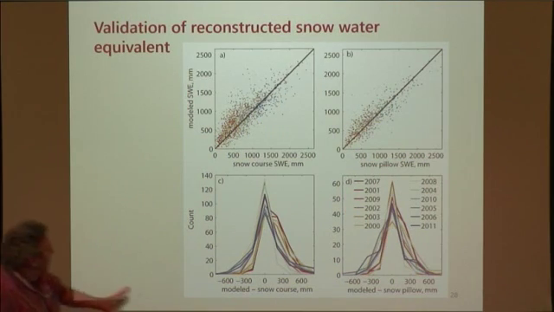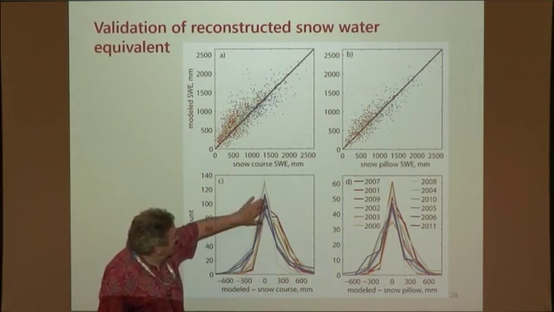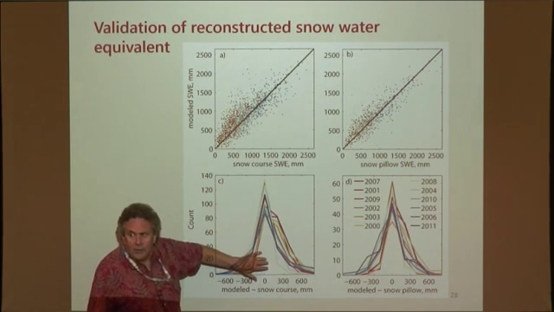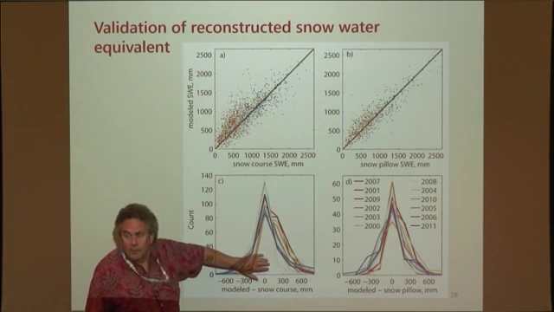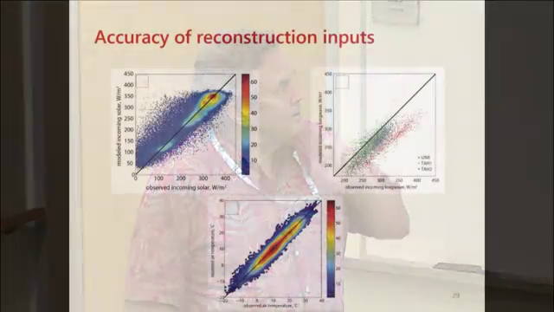And the good thing is, obviously there's some error in that, but the error is centered around 0, so there doesn't appear to be a bias, right? And part of the error is that the snow pillow is only representing a point within a half a kilometer pixel. So the snow pillow is not a perfect measurement either, right?